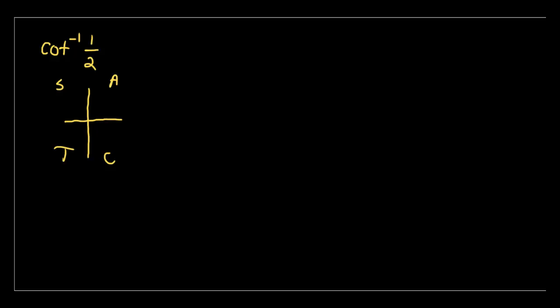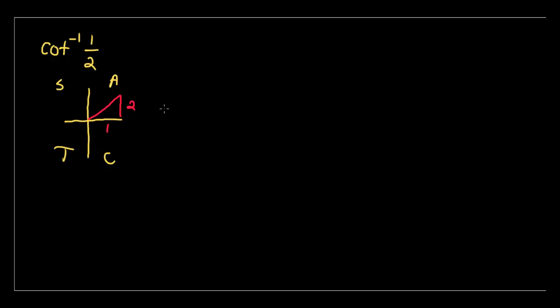So, I will draw our triangle. The definition of cotangent is adjacent over opposite. So the adjacent is 1 and the opposite is 2.